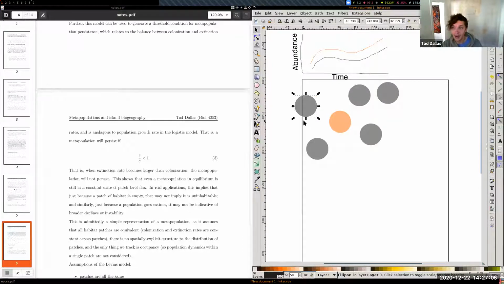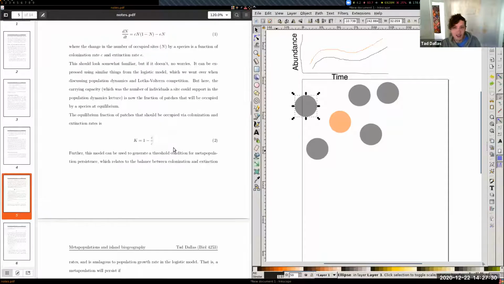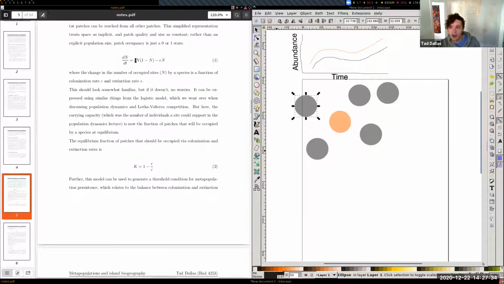Differences among habitat patches are not considered, like size or suitability of the patch, or the spatial orientation of patches in the landscape. All patches are equally colonizable, which is a big assumption. Nothing about the actual species persisting on the landscape is considered. No species traits, no population growth rates. The only thing that matters is colonization and extinction.